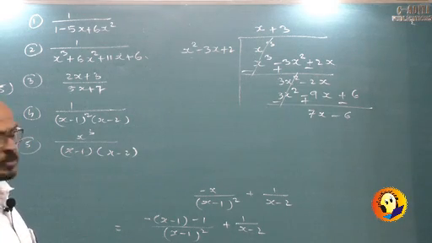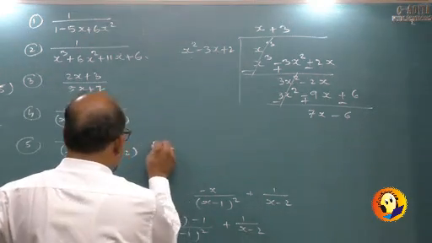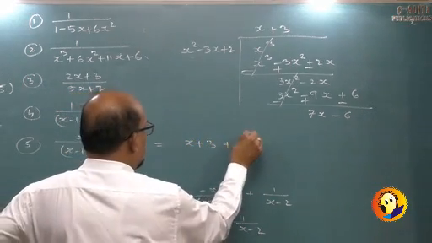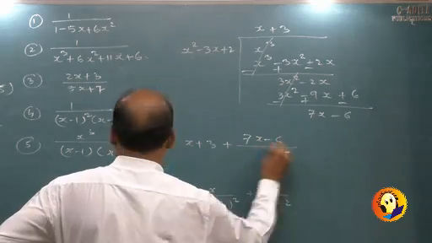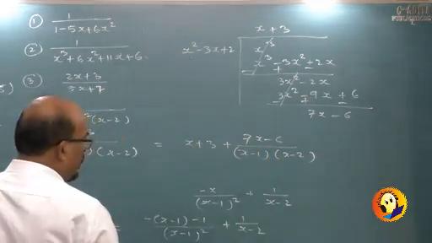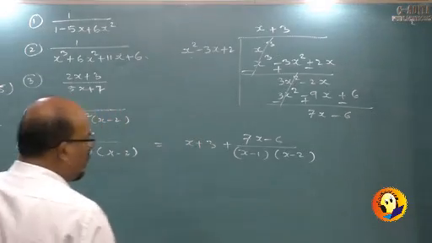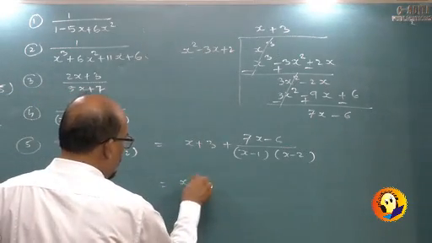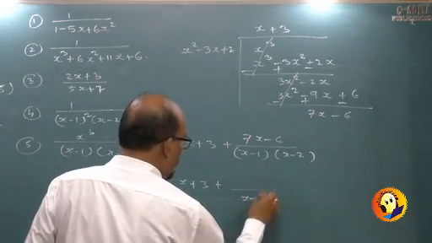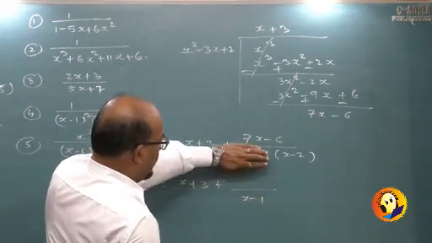Right. So now you can write this equal to x plus 3 plus 7x minus 6 upon x minus 1 into x minus 2. Fine, and then go for the partial fraction. x plus 3 plus numerator of x minus 1, put x equal to 1 everywhere except this.